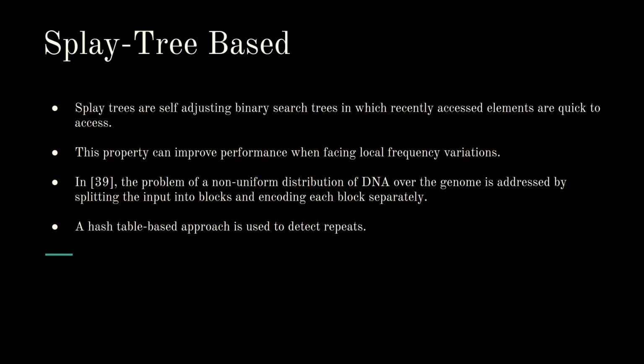An example of these algorithms is a Splay-Tree based algorithm. A Splay-Tree is a binary tree which rotates its nodes to make sure the items that are recently accessed are on the top, for quick access. As we know, the human genome is essential for making proteins in the human body.